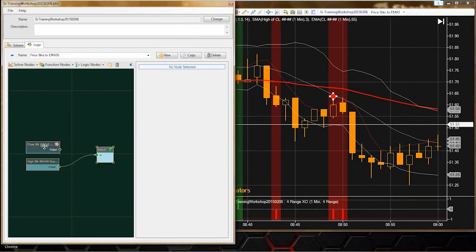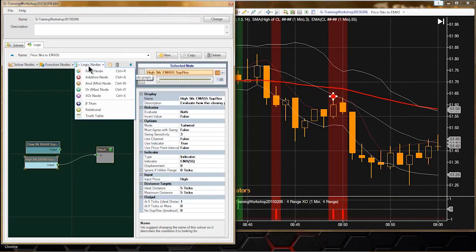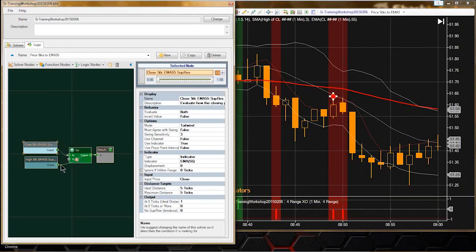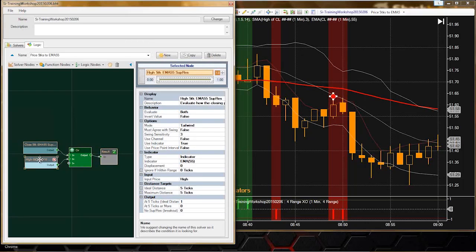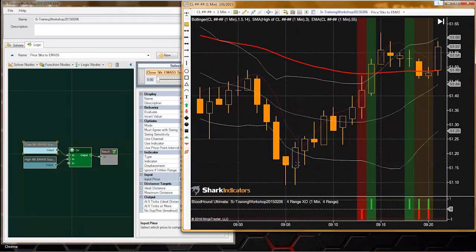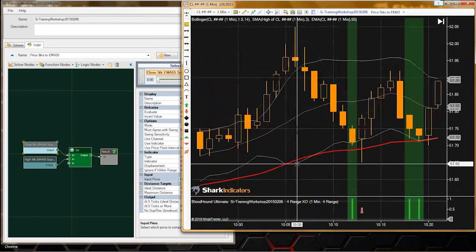All right, and so if you want to use the closing price and the high price, what we'd want to do is use an OR node and connect them together like that. And that effectively builds one support resistance solver that looks at the high price and looks at the close price, right? And I'm sure you can imagine that you would want to do the same for the low price.